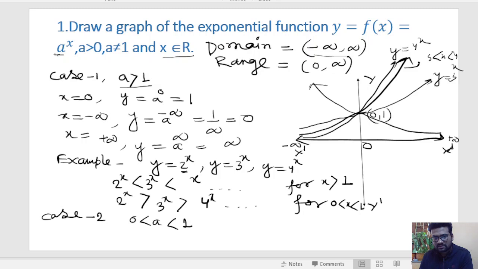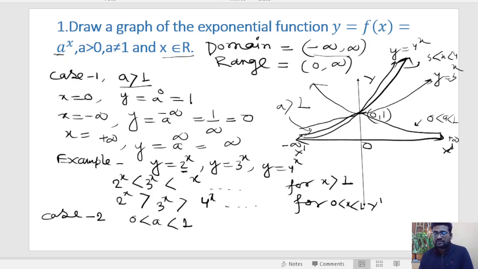This is the intersecting point of the curve, and this is 0 less than a less than 1. Okay, and this is a greater than 1.